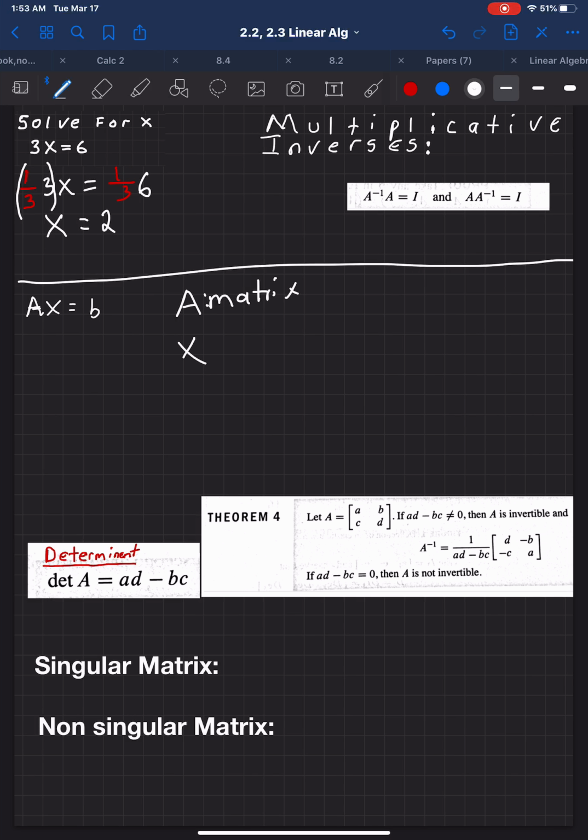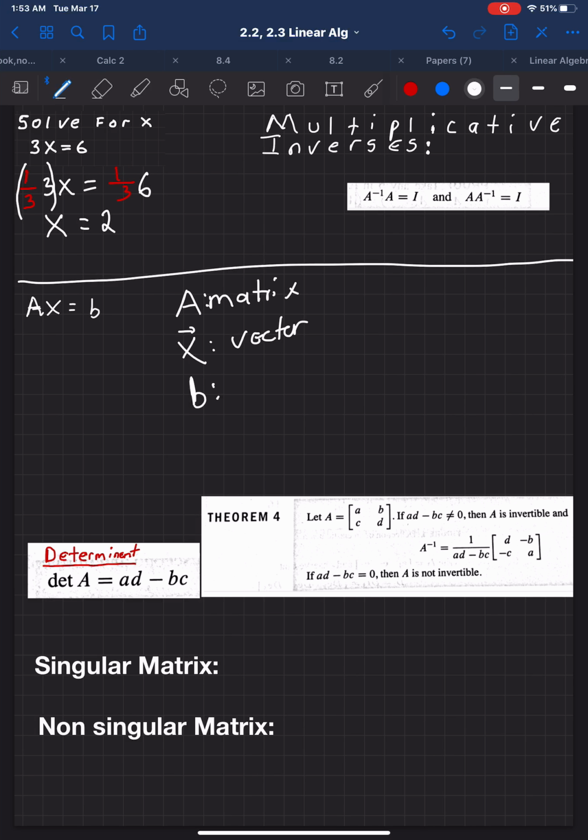The X in this case would represent some vector, and B would simply represent the product of A multiplied by that vector.